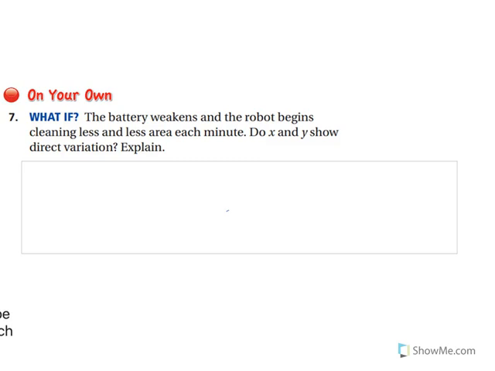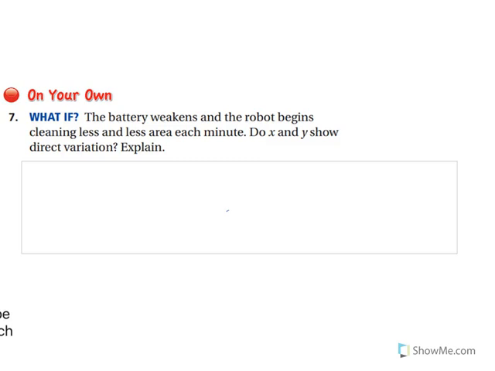Okay, so let's think about this. It says the battery weakens and the robot begins cleaning less and less each minute. Does x and y show a direct variation? Well, the one thing that we know with direct variation is that it's got to be going at a constant rate. It needs to be going up the same amount. So in this case, it needs to be cleaning the same amount every minute.